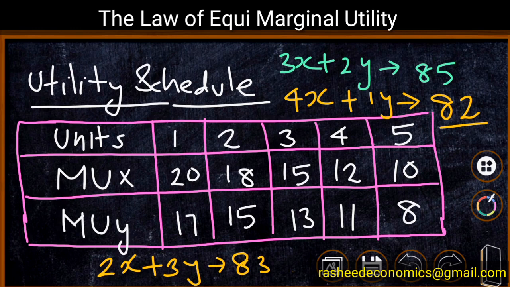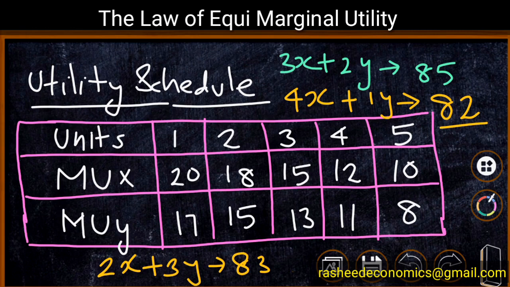Therefore, if the marginal utility of X is equal to the marginal utility of Y and the consumer is in equilibrium at 3X plus 2Y, the consumer is having 85 units of utility. In all other possible combinations, the consumer has spent his entire income, and in order to increase the consumption of X by a particular amount, the consumer will have to reduce the consumption of Y by the same amount.